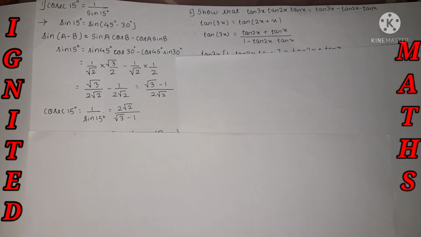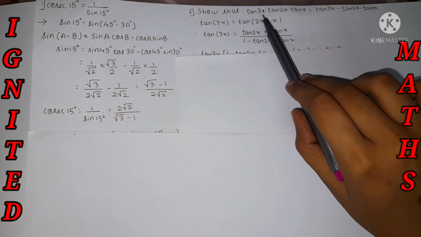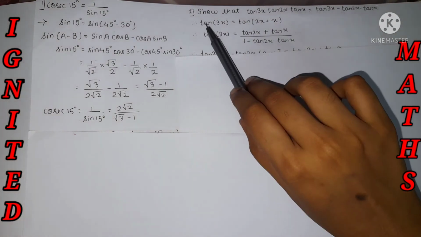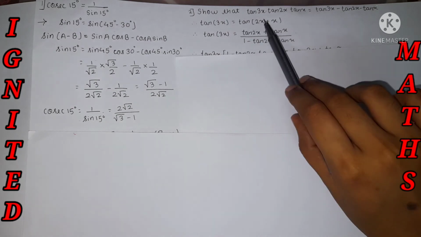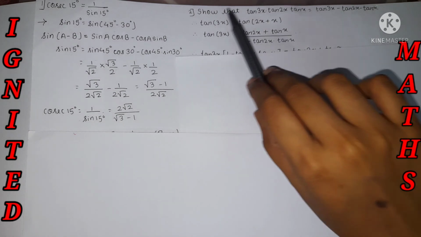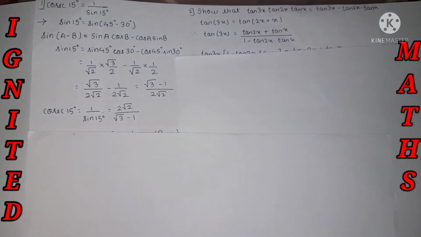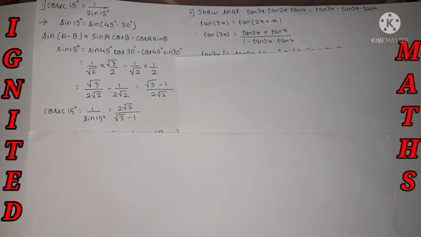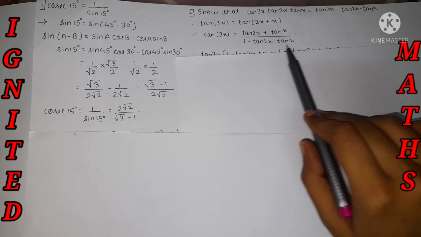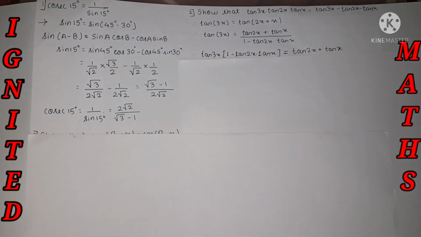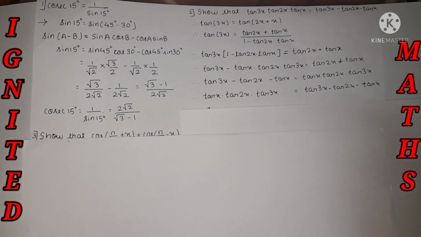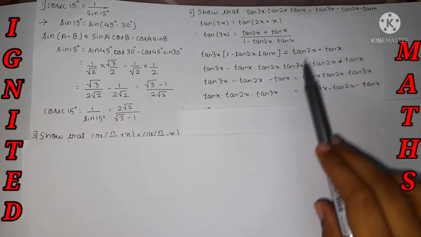It's nothing but 3x is equal to 2x plus x. Okay, 3x is equal to 2x plus x. Now put the tan over here, and the tan a plus b formula we can use. Yes, we have used it, and over here it's in the denominator form. Take it to the numerator and do the multiplication, and now the actual formula comes out.